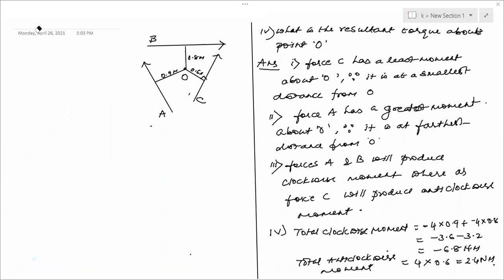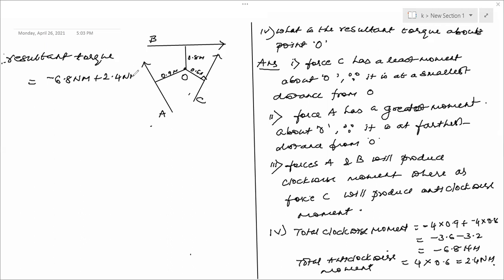Therefore, resultant torque equals, add both, but this is negative: minus 6.8 Newton meter plus 2.4 Newton meter.